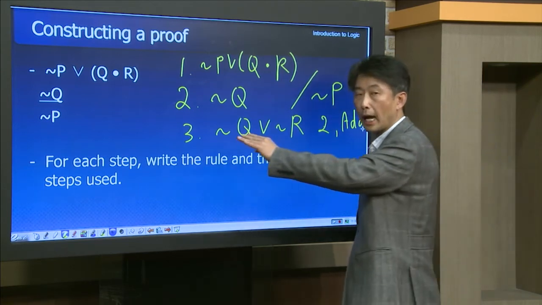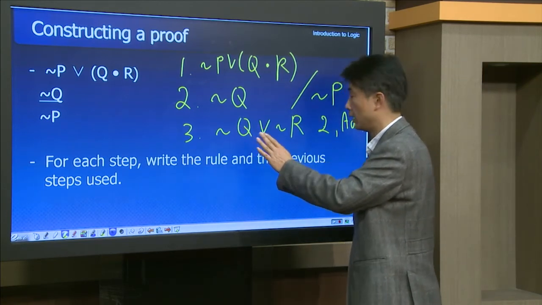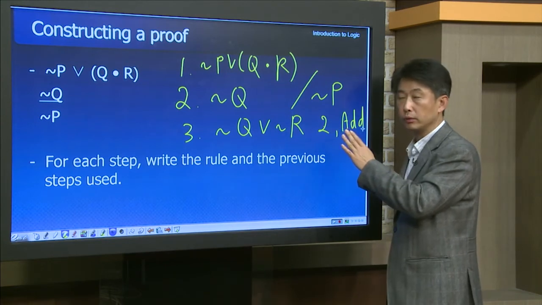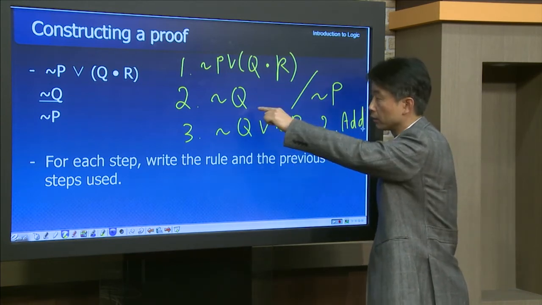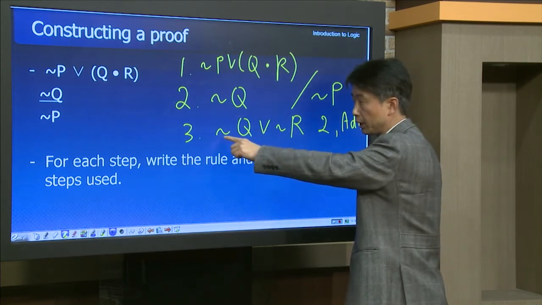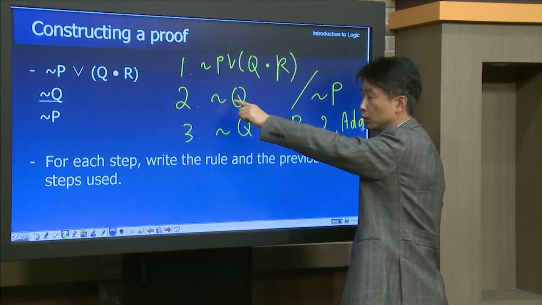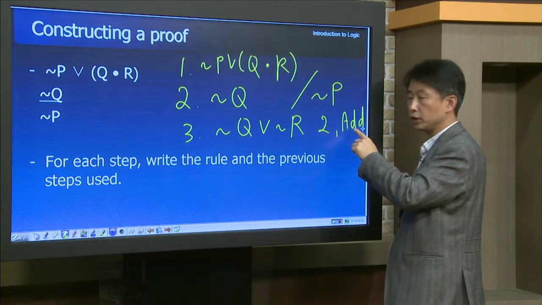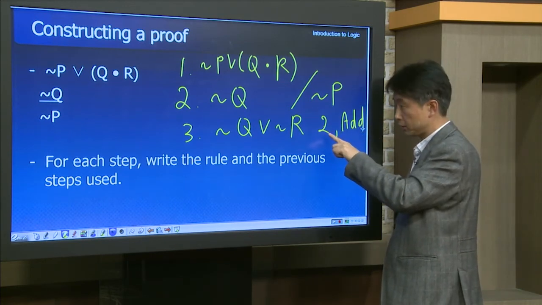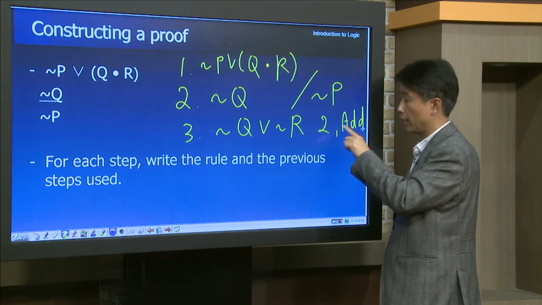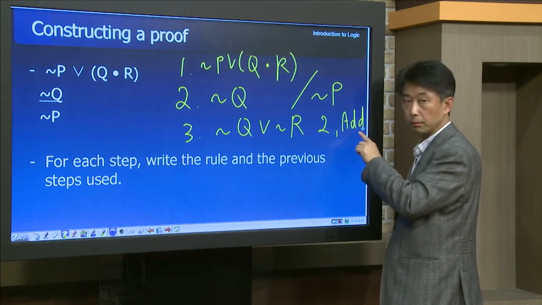Whenever I complete a step, I write down where I get that from. I got number 3 from number 2, by using the rule addition. So the number of the previous step used and the rule that is appealed to.